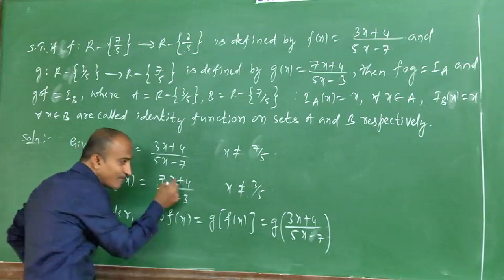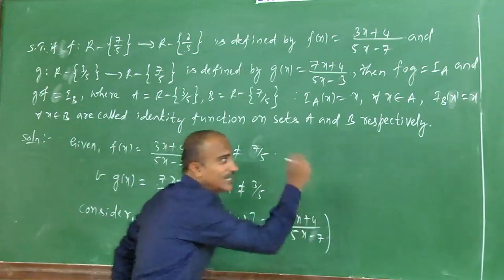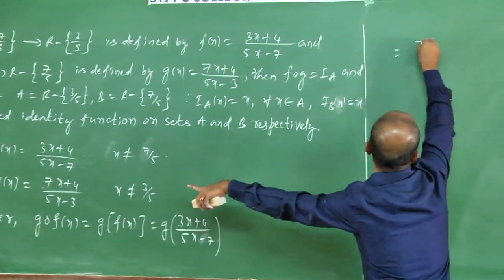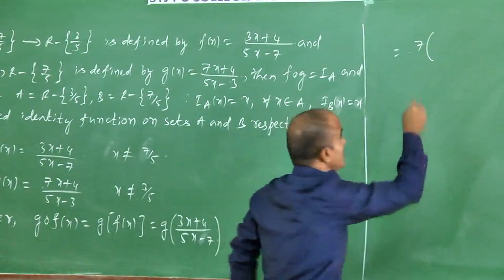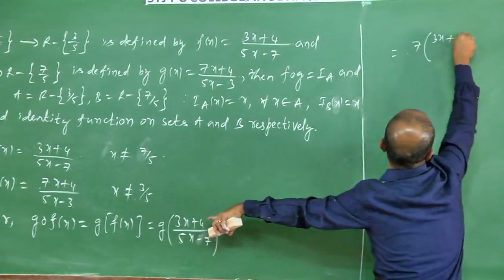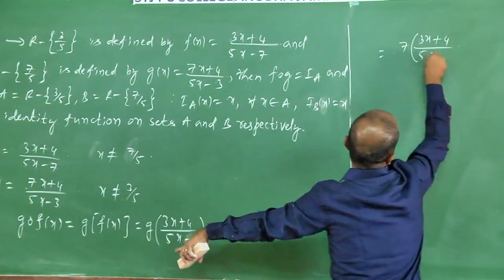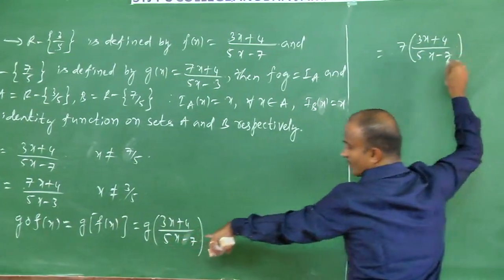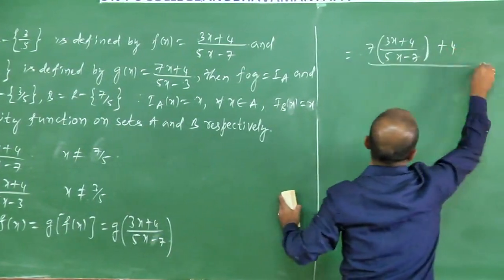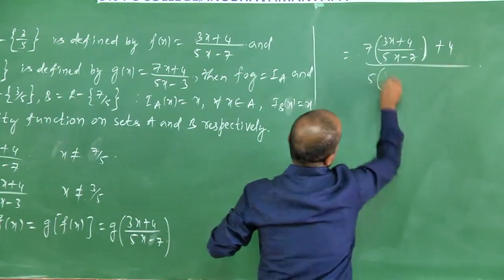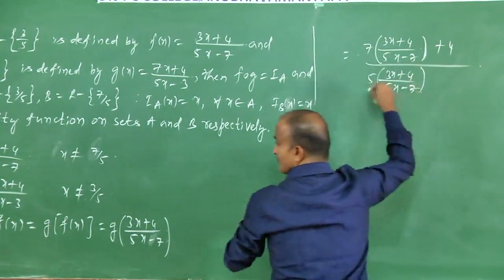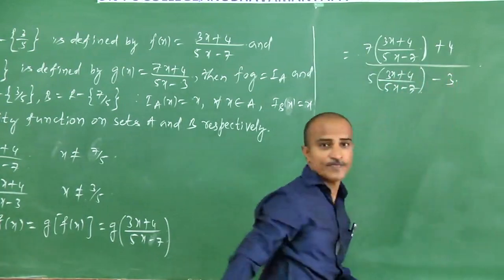Wherever there is x, replace that x by this term, so that we can find g of that function. In place of x, replace x by (3x plus 4) by (5x minus 7): 7 times (3x plus 4) by (5x minus 7), plus 4, upon 5 times (3x plus 4) by (5x minus 7), minus 3.